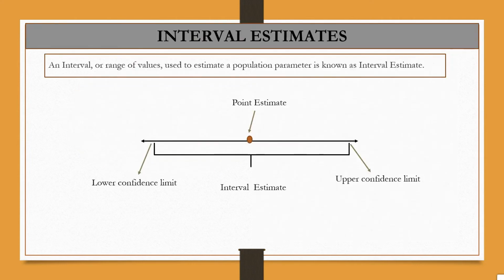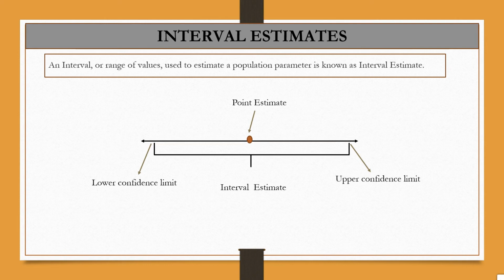So first, let's understand what interval estimation is. An interval or range of values which is used to estimate a population parameter is known as an interval estimation. That's very understandable. Generally, you are going to estimate the value of a parameter.